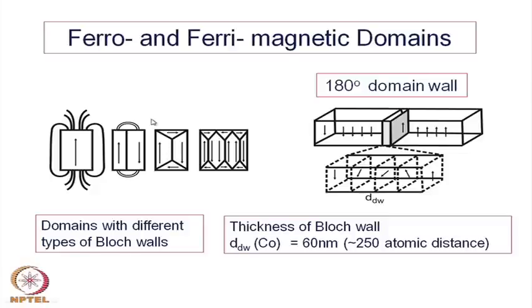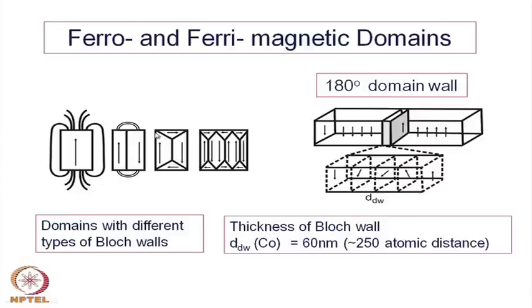So, this is perpendicular, in this direction from left to right, and here it is right to left. Okay. So, this is one domain and this is another domain. So, in all about 4 domains having orthogonal orientation between each other, and that is a very typical domain structure in a rectangular piece of magnet or magnetic material.